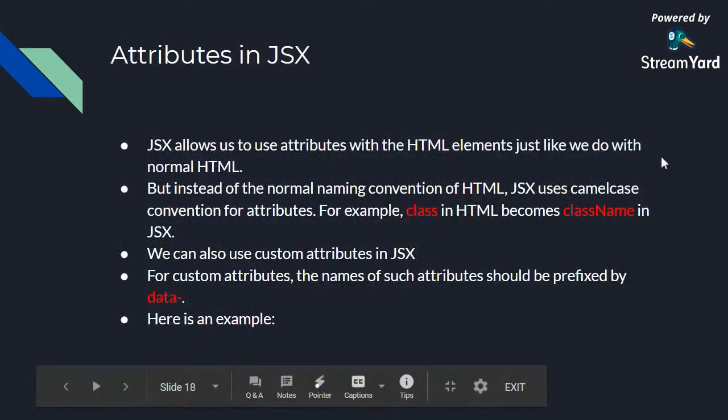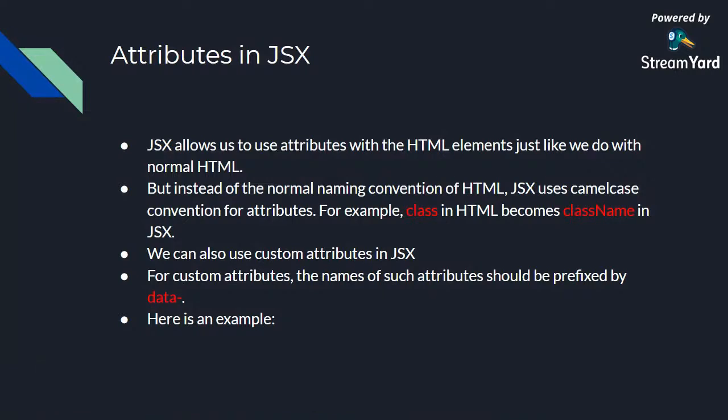We also have attributes in JSX. In HTML elements, we have attributes. For example, we have the input tag, right? The input tag has attributes like type, name, and ID. In JSX also, we have HTML attributes, but they are JSX attributes.